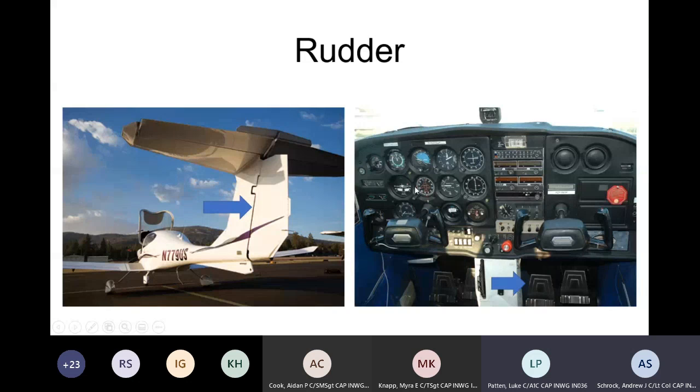So right where my mouse is, this is your turn coordinator. You'll see there's a notch here and a notch here on either side, and that shows if your wings are level, you're at level flight, bank-wise. Then there are notches below that on either side, which show you're at a certain degree of bank. Right below that in the white, there's a little black ball on the inside.